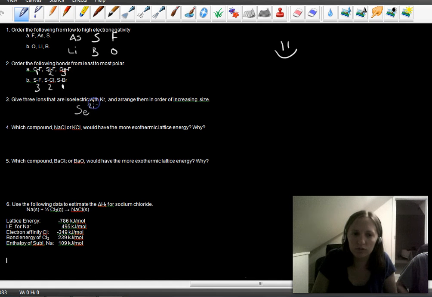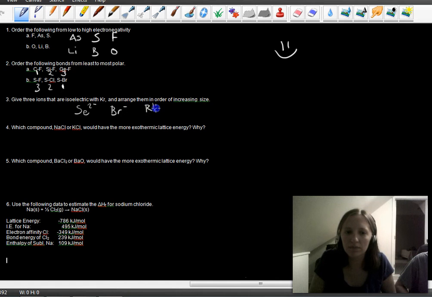Selenium 2 minus, bromine minus, and rubidium, let's say, plus. Increasing size, so the big one is going to be selenium because the others have the smaller... I did it backwards. Increasing size.